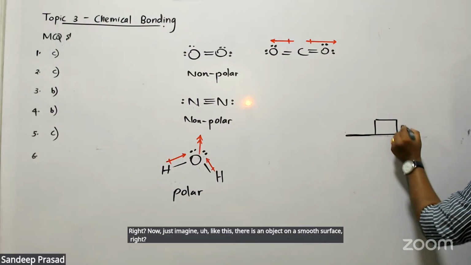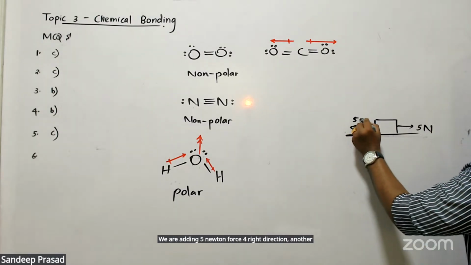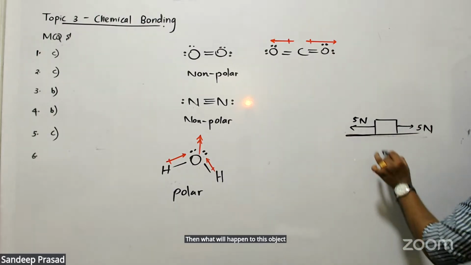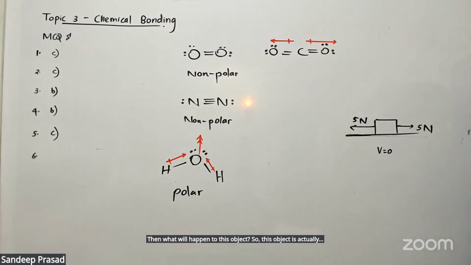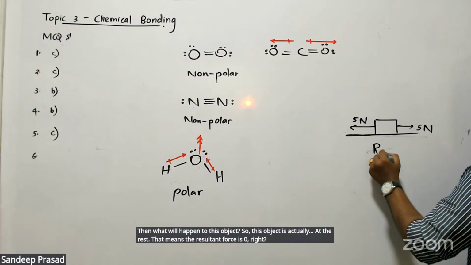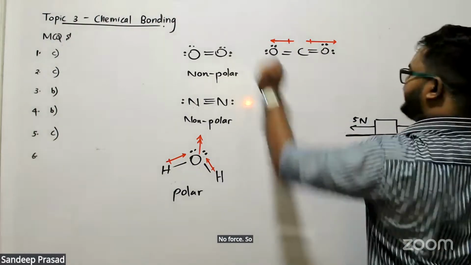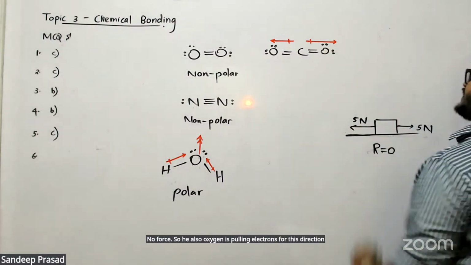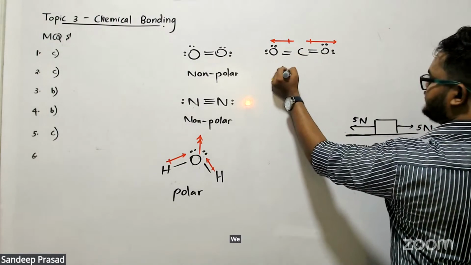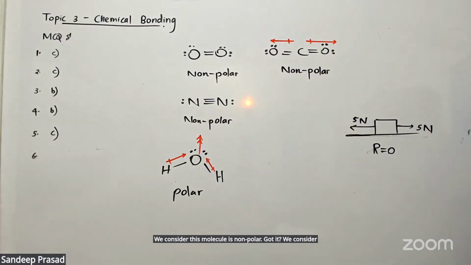We add a 5 Newton force to the right and another 5 Newton force to the left. Then the object stays at rest. That means the resultant force is zero. So here also oxygen pulls electrons in one direction and oxygen pulls in the other, so there is no polarity. We consider this molecule non-polar. Got it?